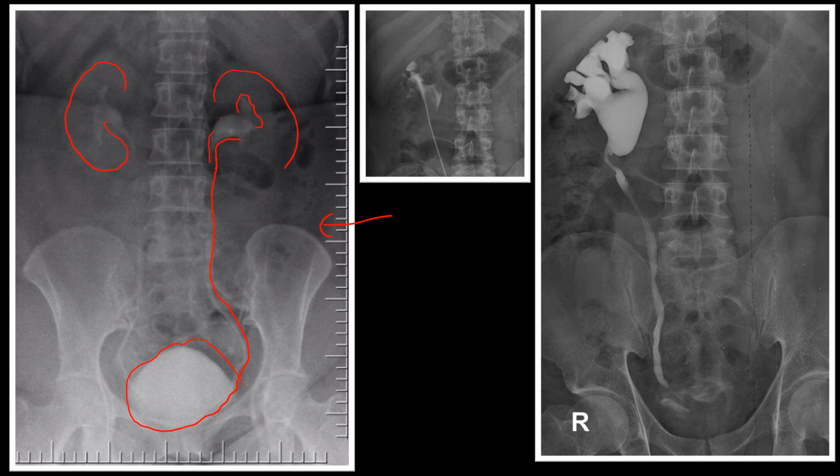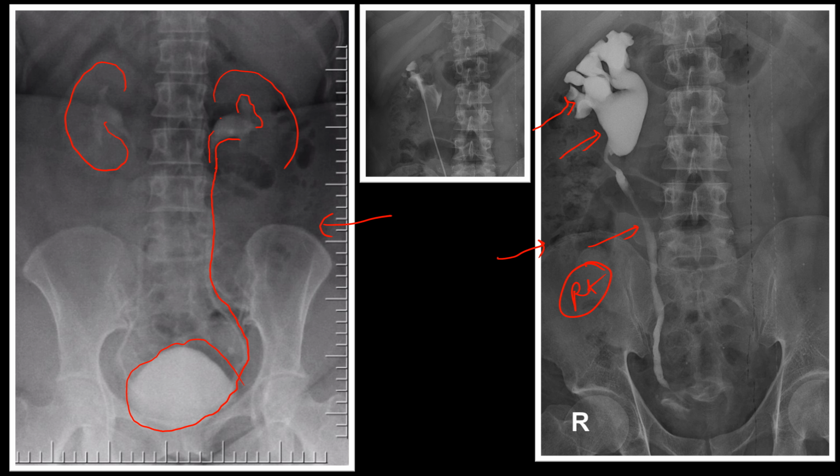For the retrograde pyelography, this is a skiagram taken by a special technique known as retrograde pyelography, where we can see the shadow of the calyces, pelvis, ureter on the right side without any visible abnormality.